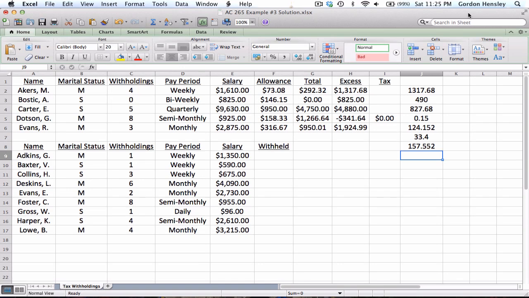I'll round to the penny and say that it's 157.55. Now, like I said, the first time you do that calculation, I know it's a little bit confusing, but the more times you do this, the more experience you'll have and the easier this becomes, and we're going to do this several more times. But for this person, 157.55. So now I'm going to delete all this, so I'll have room over here to do my calculations.